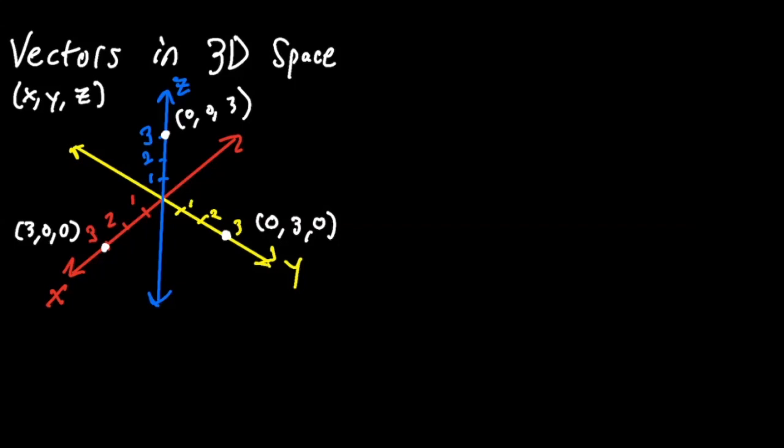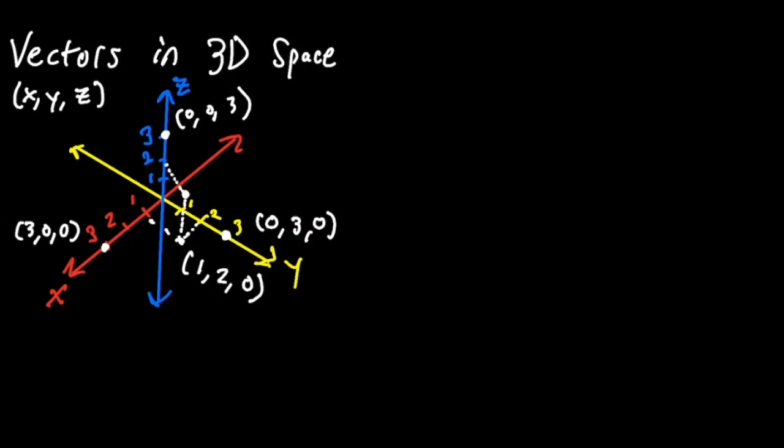If we consider a point on the xy plane, for example, 2, 2, or let's do 2, 1. This point here on the xy plane is going to be 1 for x, 2 for y, and it's on the xy plane, so z is 0. We could also consider points in space, for example, 2 for y, 1 for x, and then 2 for z.